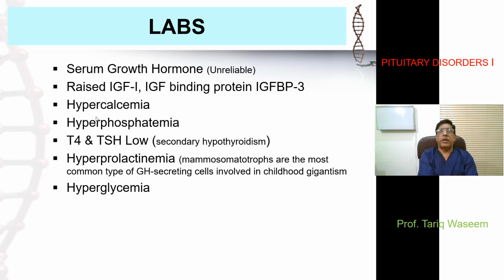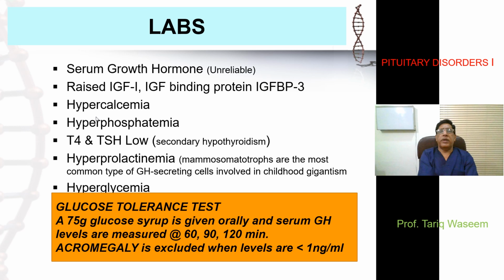We also noted that mammosomatotrophs are the most common type of growth hormone secreting cells, and this could lead to childhood gigantism as well. And then they would have hyperglycemia as well.